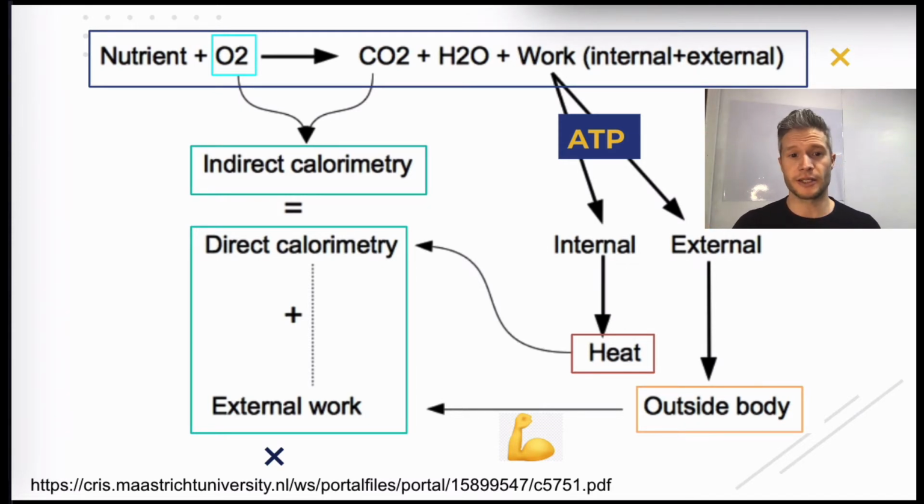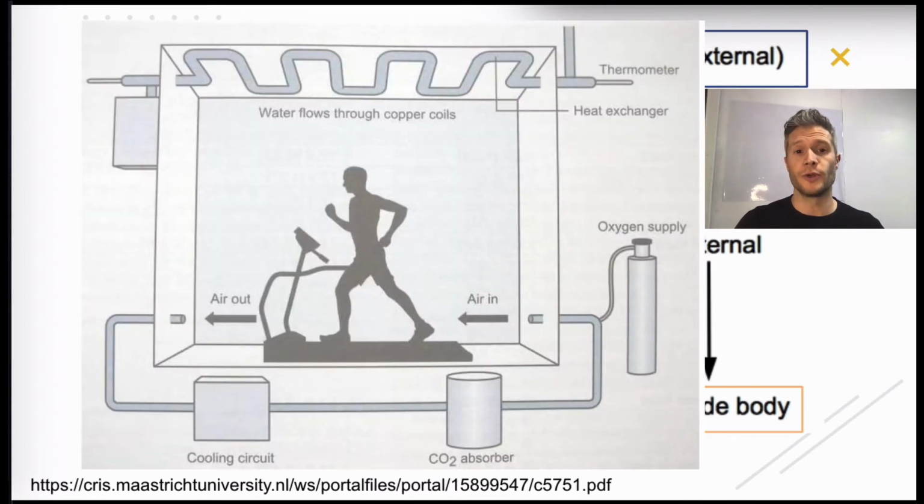If you want direct calorimetry for metabolism, it's a crazy looking machine. It's essentially a small closet or a room that's a tank, and the entire room is double walled, and in those walls you have water in it. Essentially it's double walled, so heat energy can't get in or out.